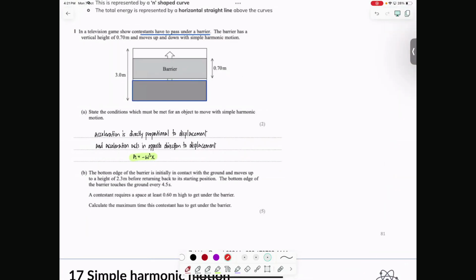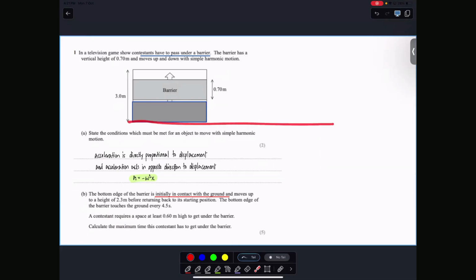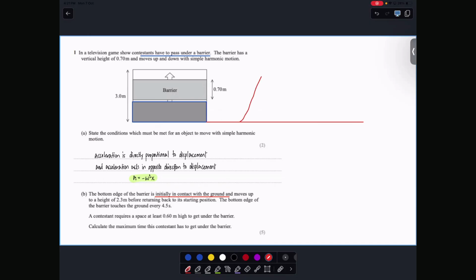It says that it starts from what location? So it's initially in contact with the ground. Okay, I'll zoom in here. So initially contact with the ground. So it starts from the lowest position. At the start of the oscillation it's at the ground, then from the ground it goes up, then comes back down, something like that, right?